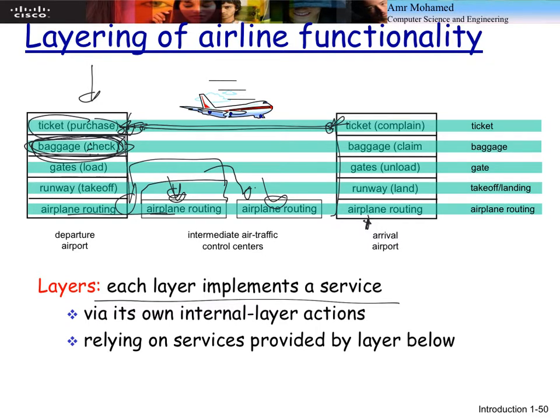And that creates a structured and more modular design for the network, which on one hand simplifies the discussion. So we can certainly divide the chapters that we will discuss based on the layers, which makes sense. In each chapter, we will confine ourselves to the concepts and services provided in this layer.